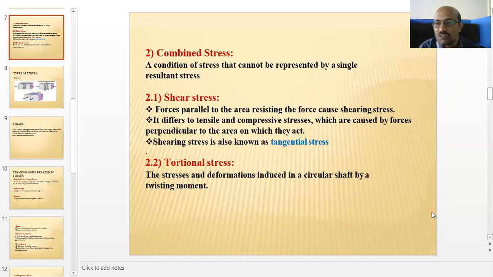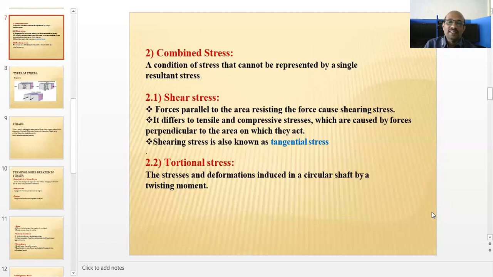What is that twisting moment? J by theta, where J is the polar moment of inertia and theta is the twisting angle.